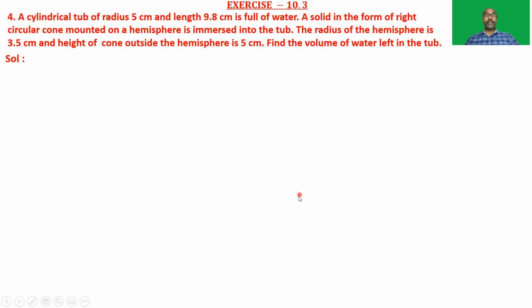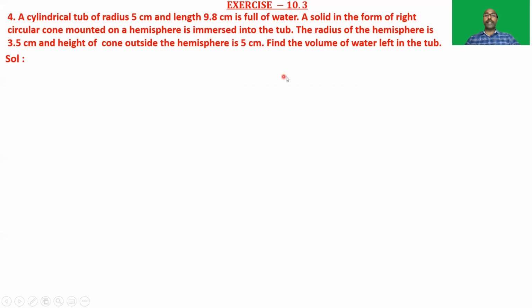Okay, students. So here we have a cylindrical tub of radius 5 centimeter and length 9.8 centimeter, which is filled with water, and a solid in the form of a right circular cone mounted on a hemisphere is dropped into the tub. Then some of the water in the tub flows out and some water remains in the tub.